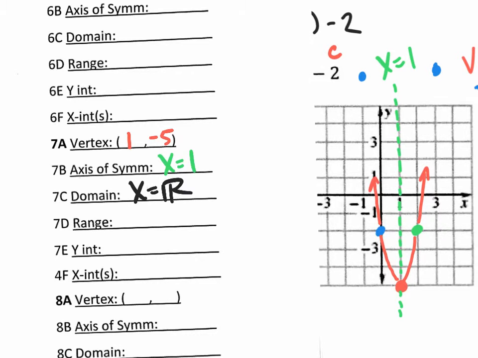Come on, guys, all real numbers. It's a free point right there. How about the range? Y is greater than or equal to, because it's opening up. And what's the value? Negative 5, the y value of your vertex. How about the y-intercept? Where does it cross the y-axis? At negative 2. Or you could say the coordinate 0, negative 2, right?